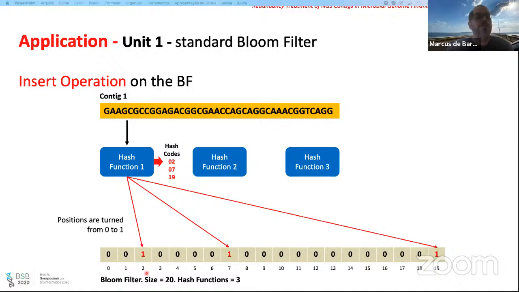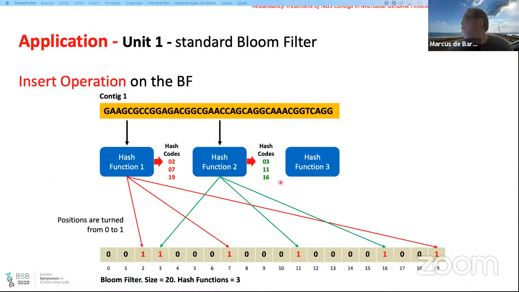So these positions on the Bloom filter, 2, 7, and 19, shall be turned from 0 to 1. In a similar way, for the second hash function, we have three new hash codes, 3, 11, and 16, and those positions are turned from 0 to 1.